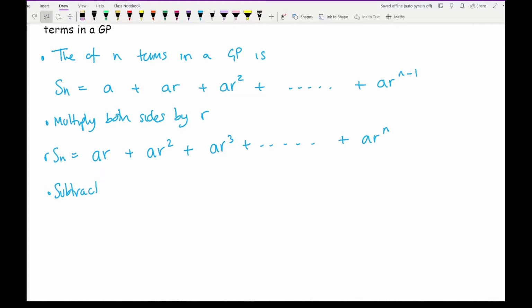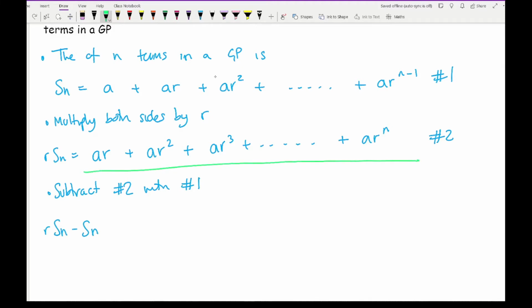Now if I then subtract the two lines, let's just call this number 2 and number 1. So if I subtract 1 from our second line, then what happens? Well, I'm going to end up with rSn minus Sn, because I'm taking these two lines away from each other. On the right hand side, things are going to cancel.